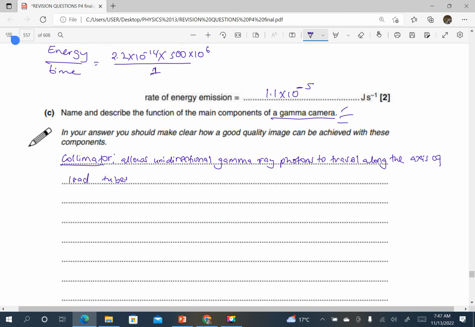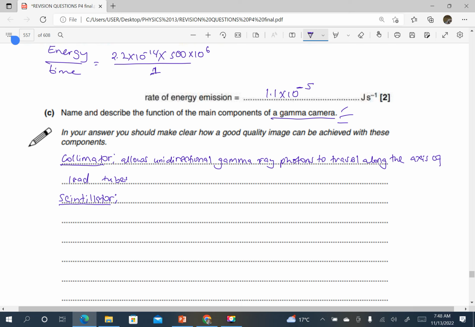Number two is the scintillator, or sometimes it's called the crystal scintillator. So what is the purpose of the scintillator? We know that a gamma ray photon incident on the crystal is going to produce many photons of visible light, because a gamma ray photon is going to trigger an electron in the crystal, and the electron is going to pass through the crystal and trigger other electrons, exciting them. On de-excitation, these electrons will re-emit many visible photons.